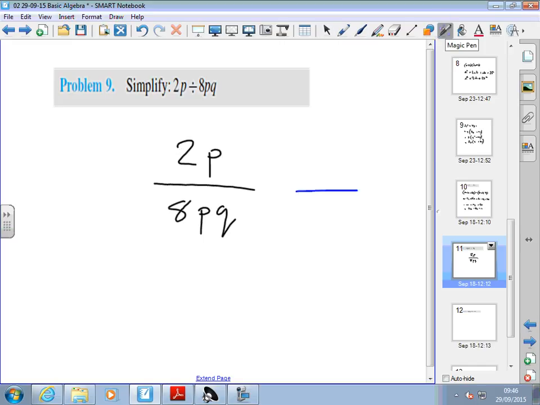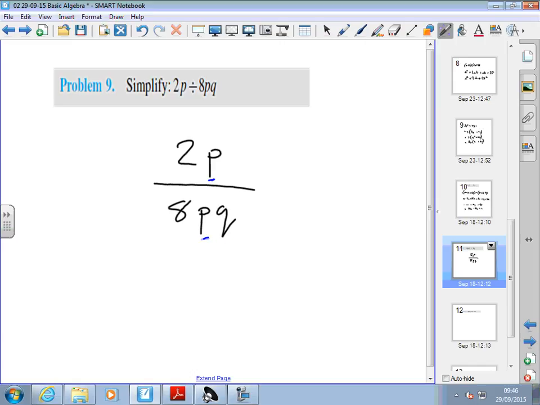Remember, this is a number. We don't know what that number is over another number, so this is a fraction, one number over another, or a ratio. We can think of it as a ratio. I don't know what Q is, I don't know what P is, but I do know that whatever P is, it's the same at the top and at the bottom.